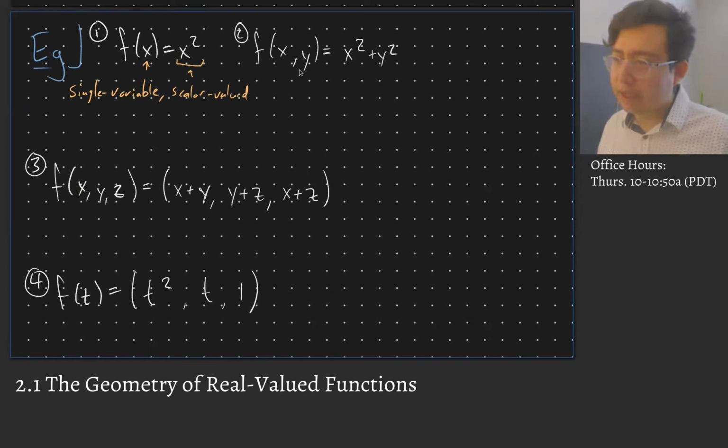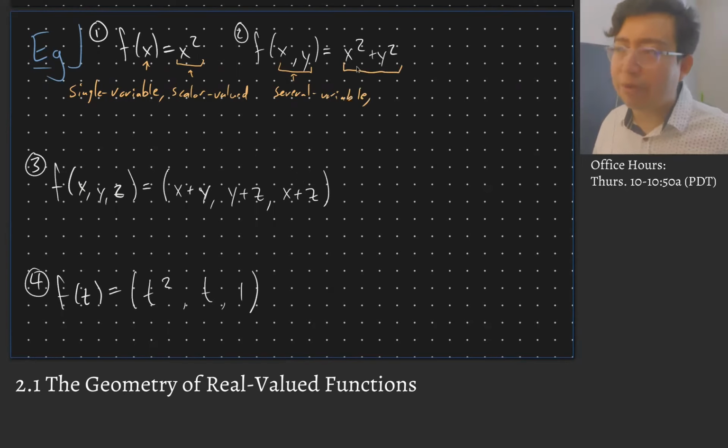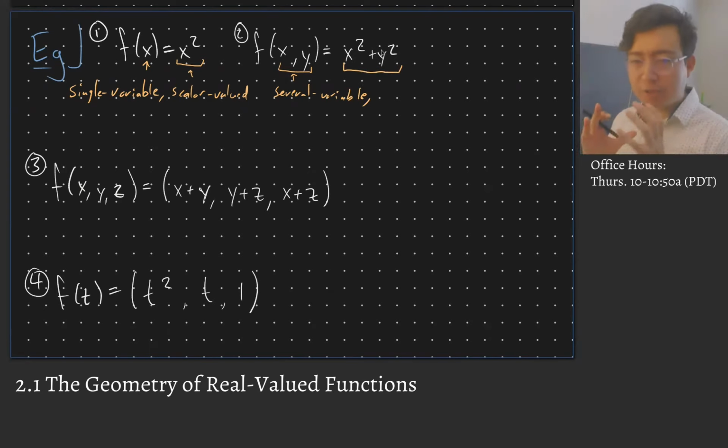This second example has two inputs. So we'd call that several variable. And there's still just one output. It looks like you're like, oh, there's X's and Y's, so there should be multiple outputs. But the output itself, if you give me an X and a Y, I square them and add them together, that's just going to be a number.